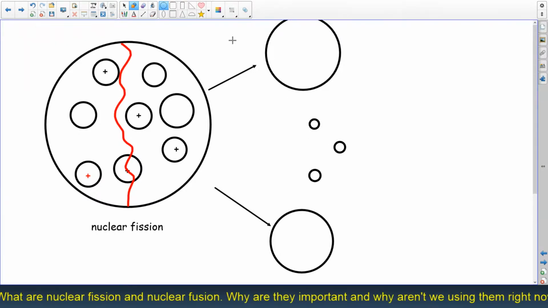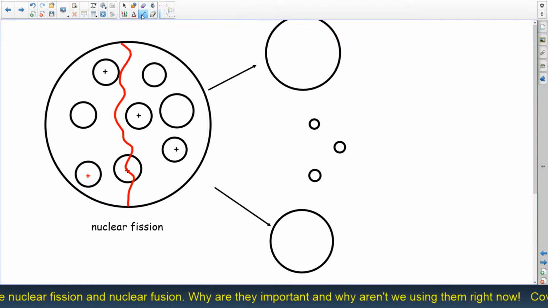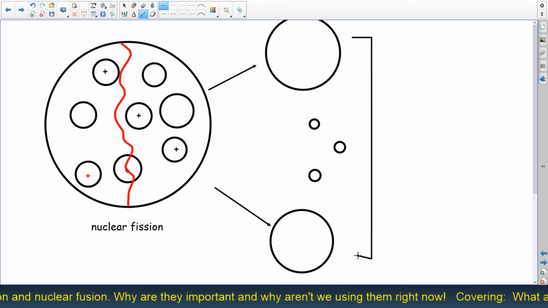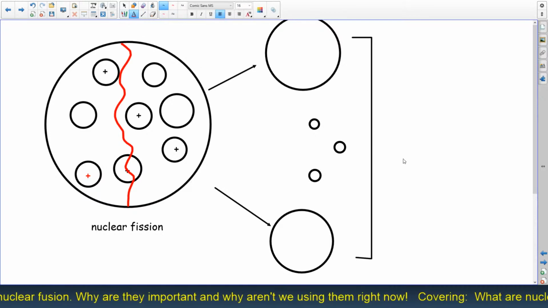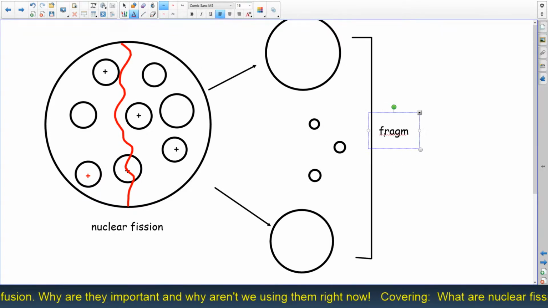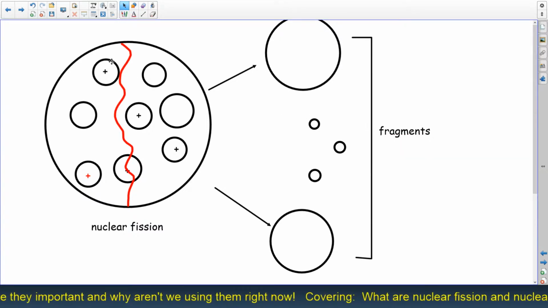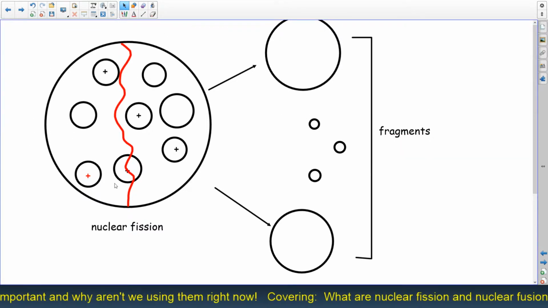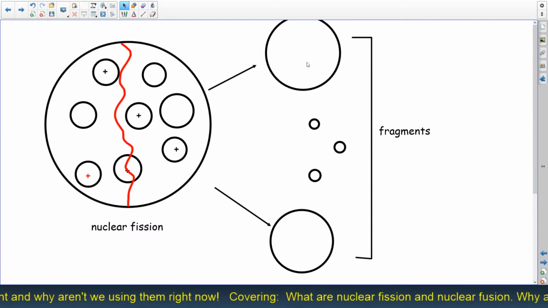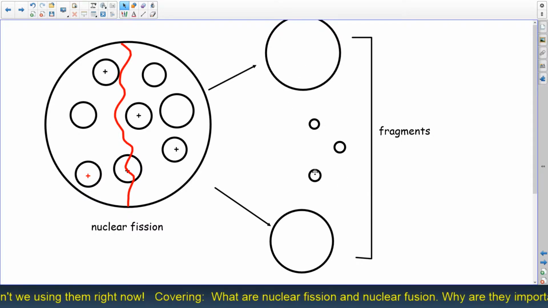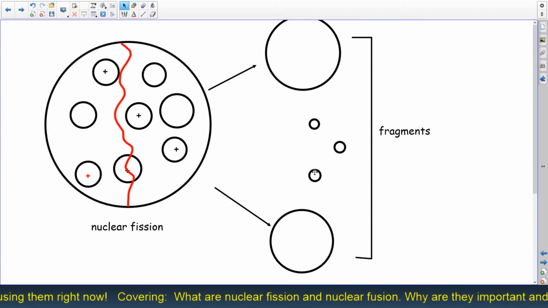All of these are called fragments. Pick up the fragments of your broken relationship. So we've got a main nucleus here, breaks up, forms a couple of small ones, and some fragments. Well, that's fabulous. Why would anybody care about this?